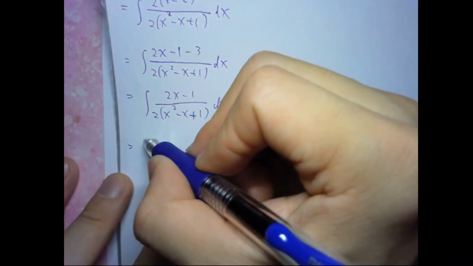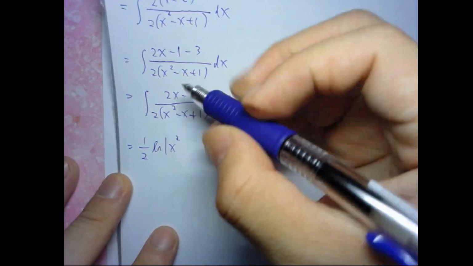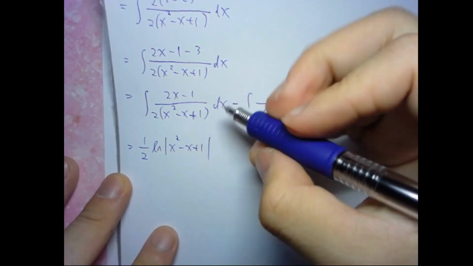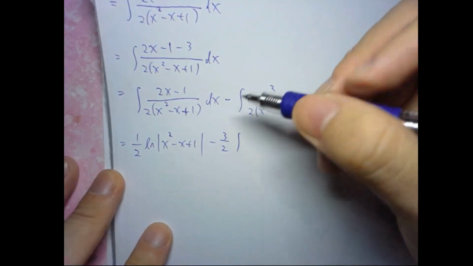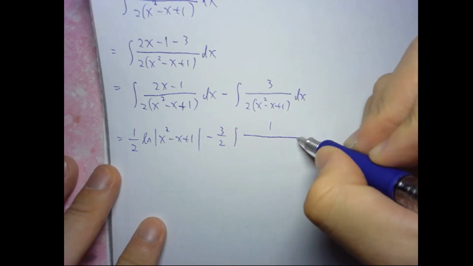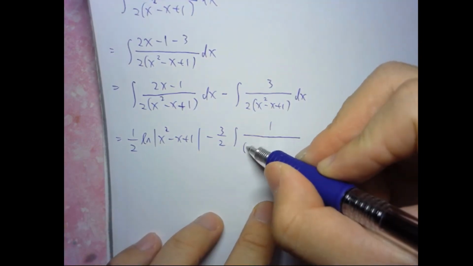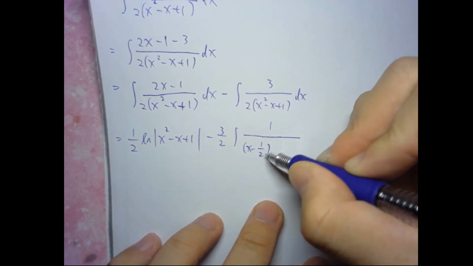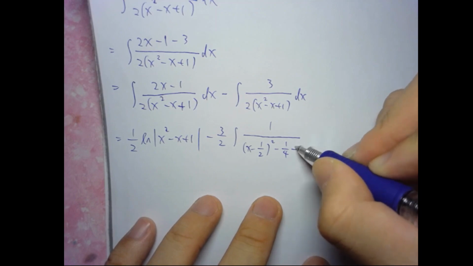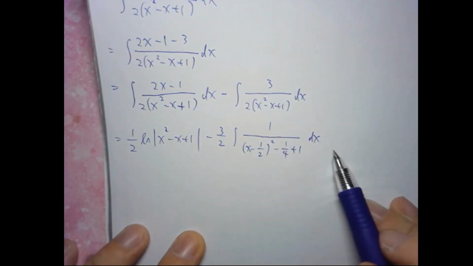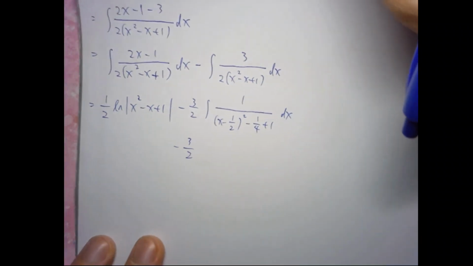So now this one is 1 over 2 natural log of x squared minus x plus 1. And then for the second one, we do a similar procedure. So I will complete the square quickly: x squared minus x plus 1 over 4, plus 3 over 4, like this. And then I proceed.